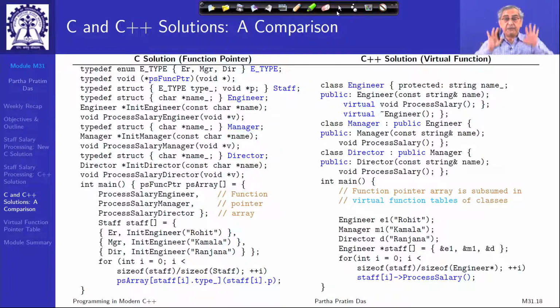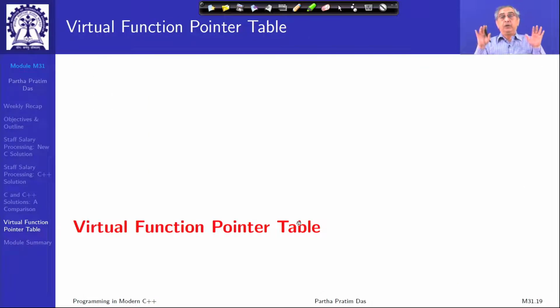So, having seen this parallel, now you will have an idea of how C++ does this polymorphic dispatch, or how it implements the virtual functions. Virtual functions are implemented in terms of a virtual function pointer table.